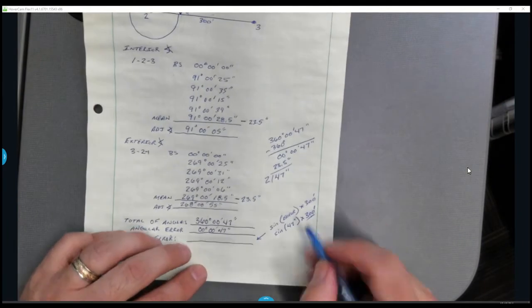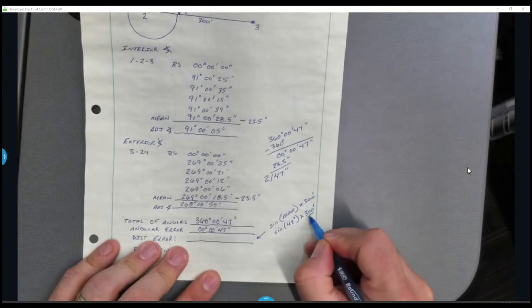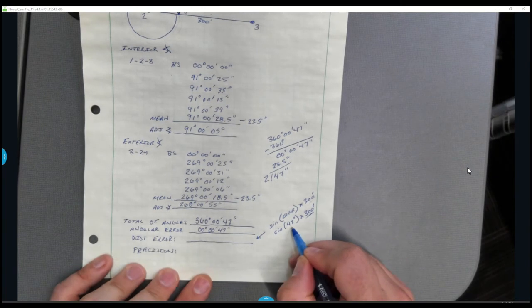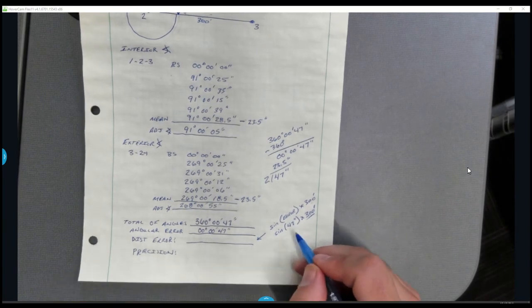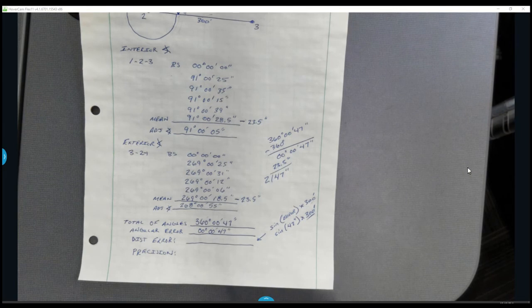So just remember that this is an averaged distance. So if I take the sine of 47 seconds, now remember you have to put the degrees and minutes in front of that before you do 47 seconds, so that way you get the right decimal place when you spit it out. What is my distance error?